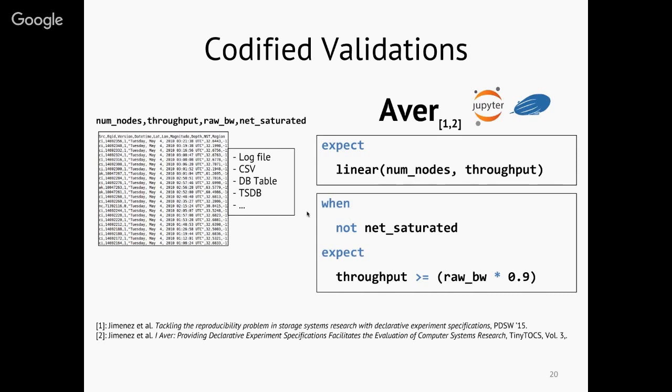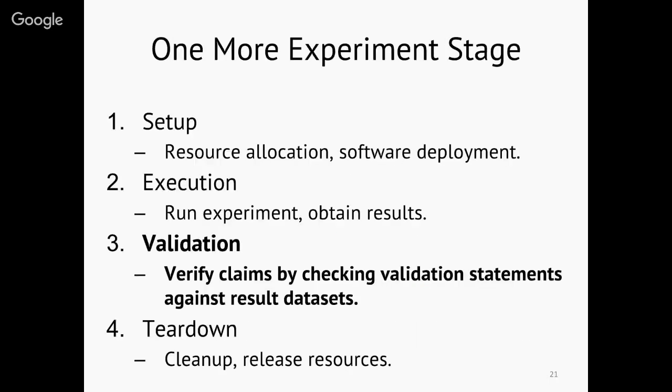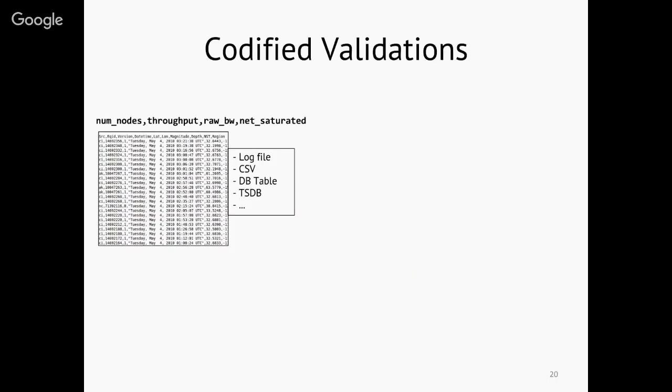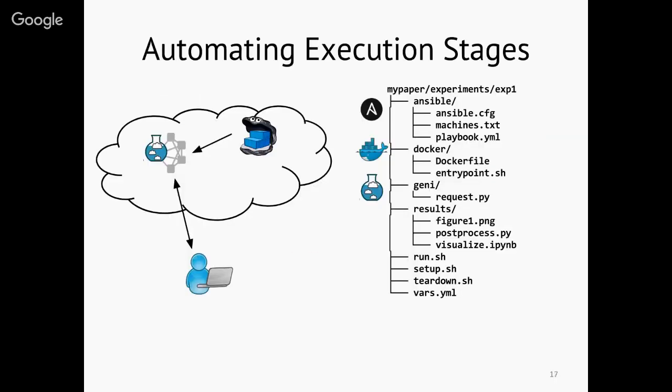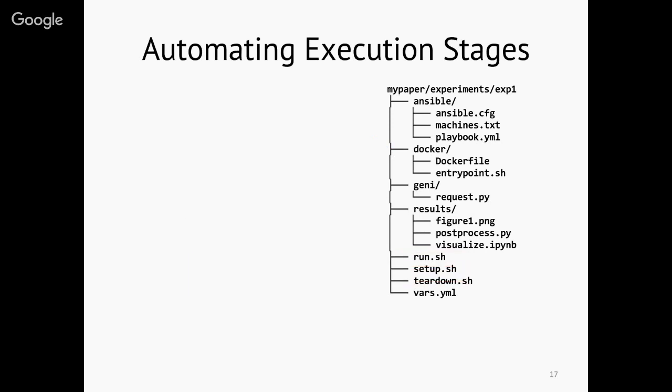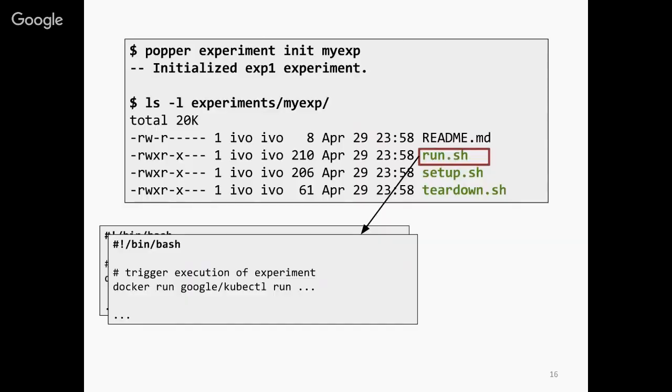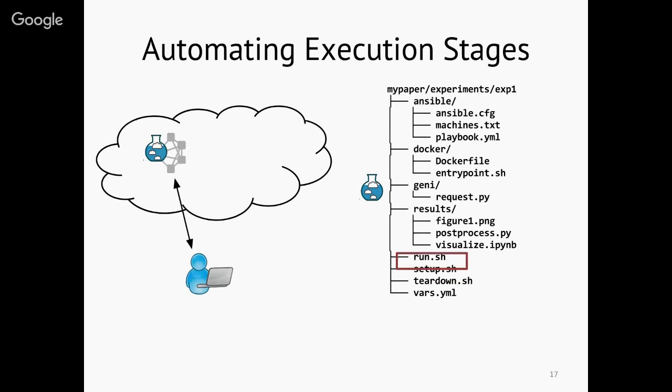So this is usually done at the validation phase. I'll show you the scripts that we have as part of the scaffolding features. Oh, sorry, I didn't have it here.